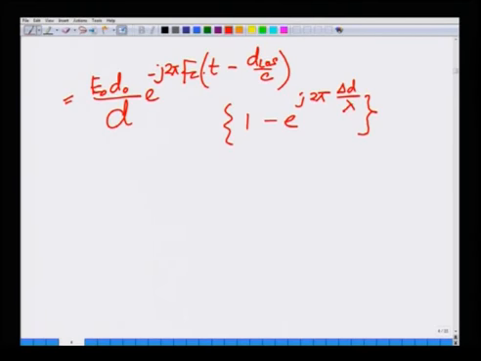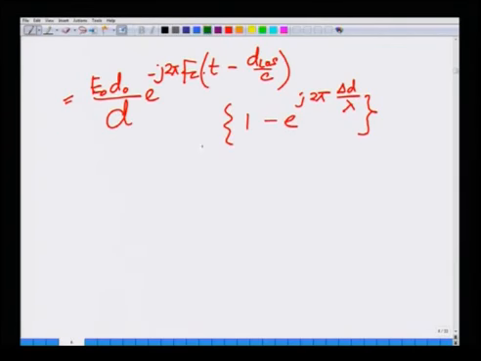Okay. Essentially this is what we said, this is the E total, which is E line of sight plus the E reflected, and there is a minus sign because of the phase inversion at the ground reflection. Here for this simplification we have used the fact that c over f c, that is velocity over carrier frequency, is nothing but lambda, which is essentially the wavelength of the wave. Okay.